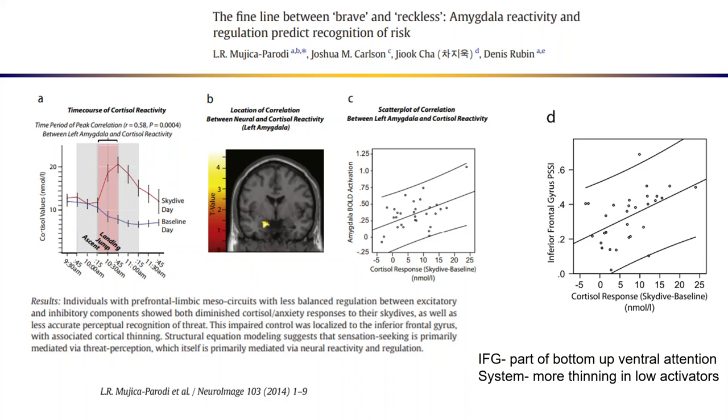Now finally in panel D, what they're showing is also that when the cortisol increases, the more likely your inferior frontal gyrus increases its activity. And that's part of the ventral bottom-up system that's involved in response inhibition, impulse control. Because generally, if you're going to be a good skydiver, impulsivity is not the trait that you want. And again, the amygdala is activated, and most of these people are getting a big kick out of jumping out of this airplane.